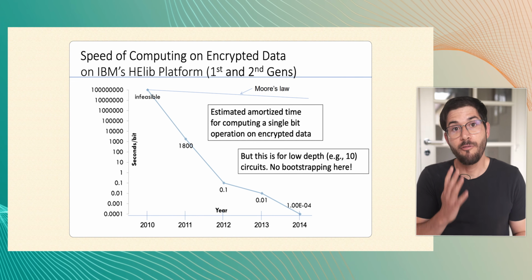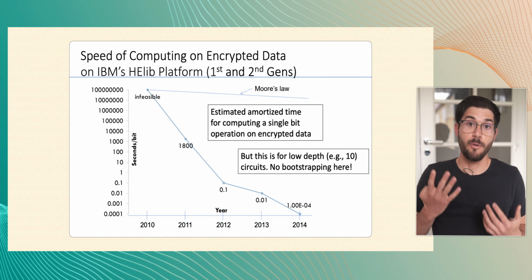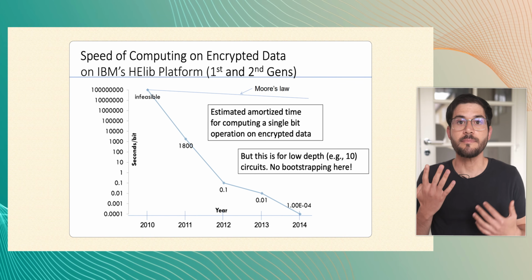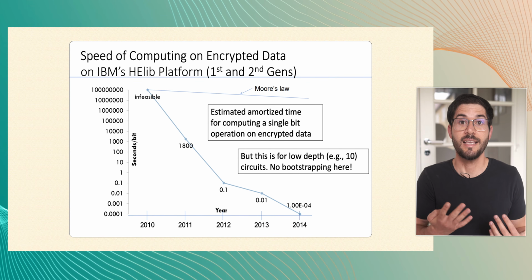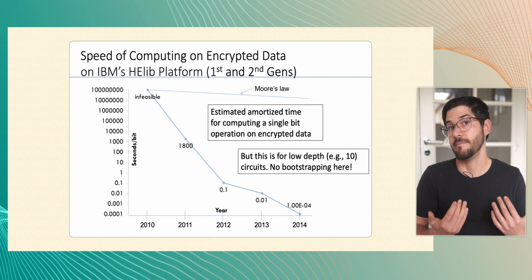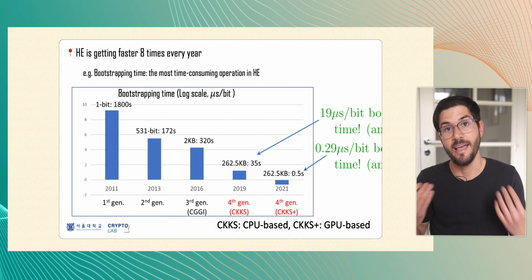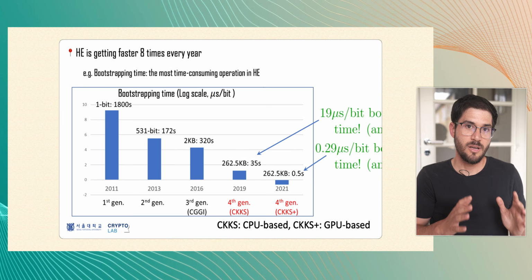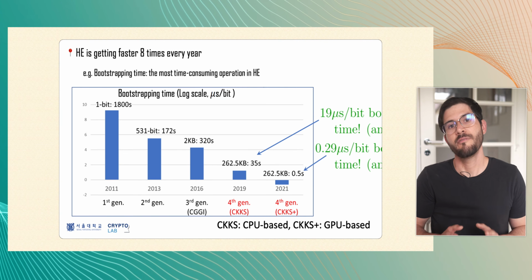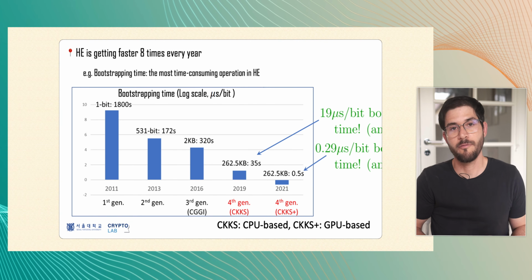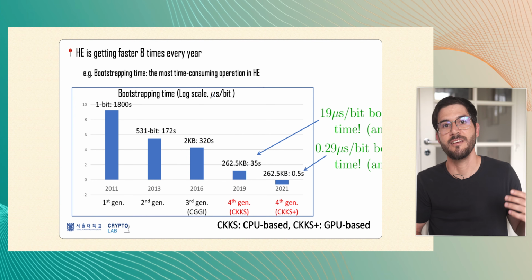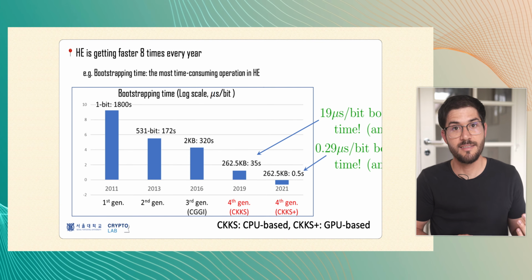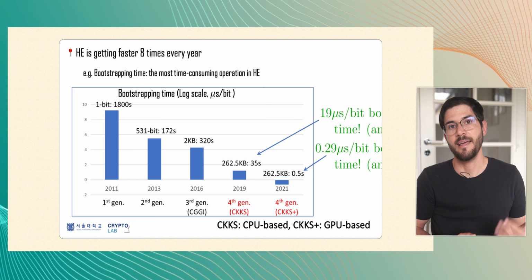Now we are at the fourth generation, and with approximate floats, this technology is enabled to work on machine learning or even AI applications without problem. So since 2011, fully homomorphic encryption performance has improved 8x every single year, and recent discoveries are accelerating the timeline.